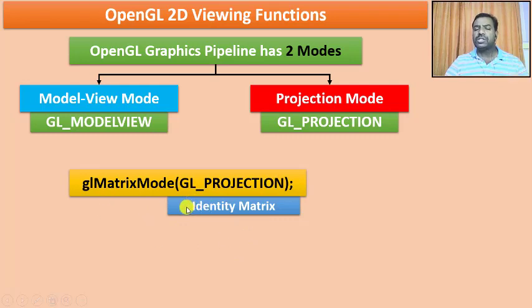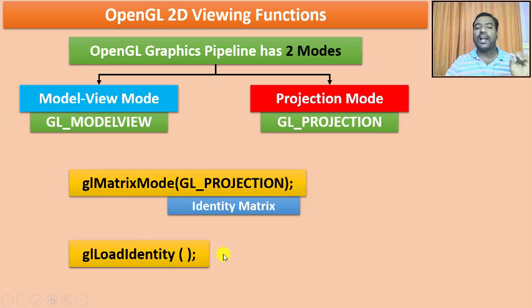The OpenGL system will do this by default, but there are certain scenarios where it may not happen. For that case, you need to use an API called glLoadIdentity. If I execute this function, it is going to load the identity matrix for the current matrix.